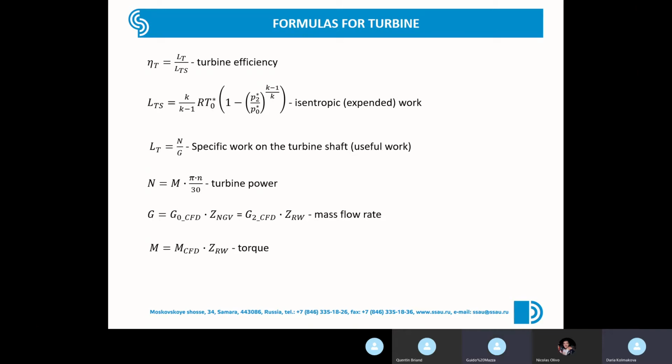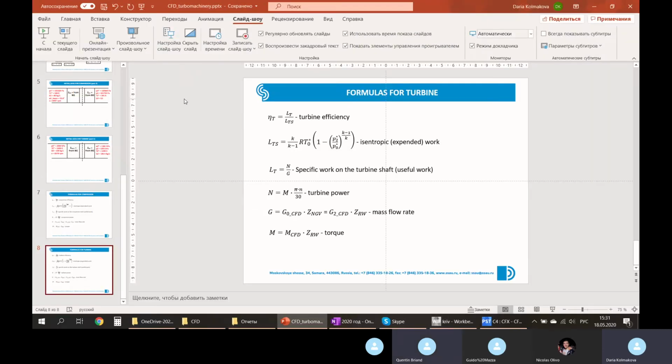So you can compare these values, of course not only the efficiency, but the other values as well, like temperature, pressure in different sections, pressure ratio, and so on. And you can say what is the difference between these results.